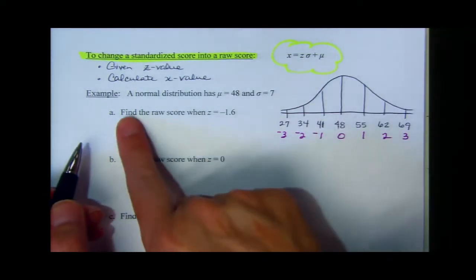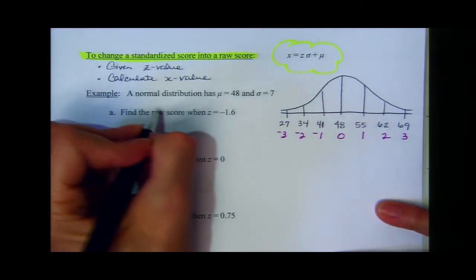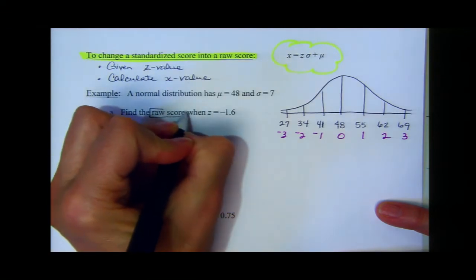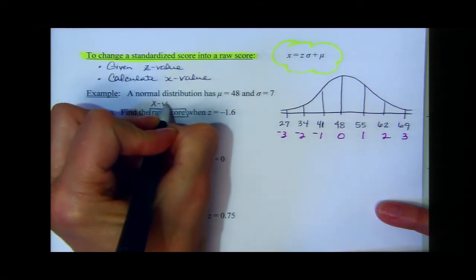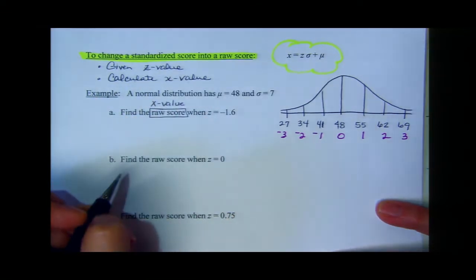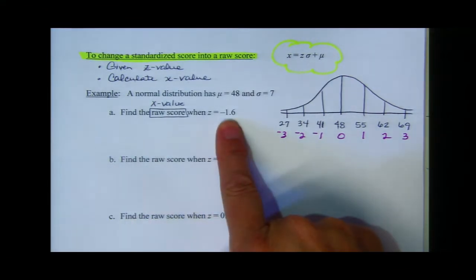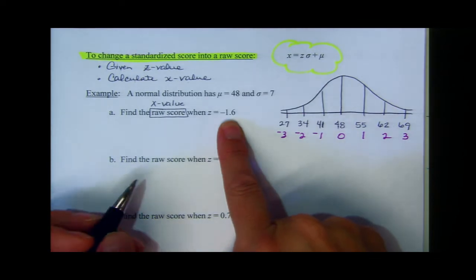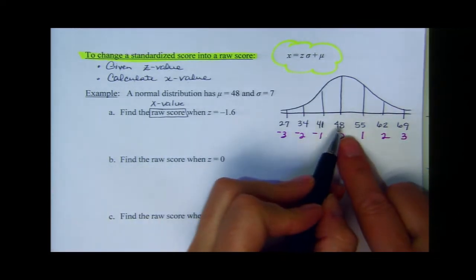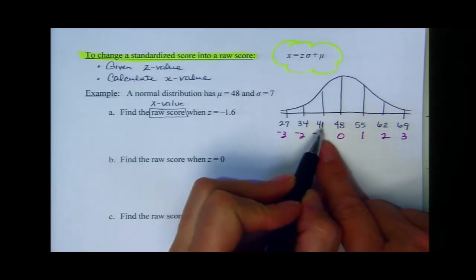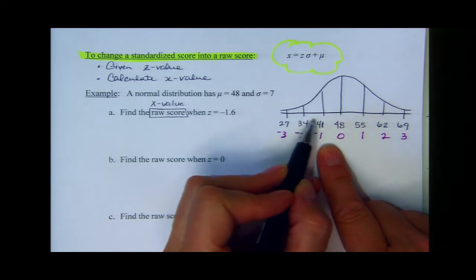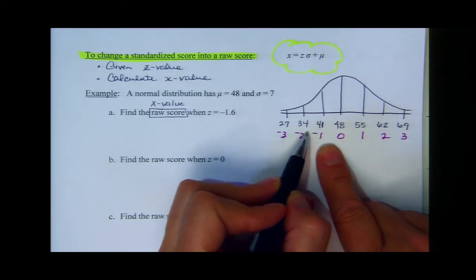All right, find the raw score. When you see this wording right here, you know it's asking you to find the X value. So we know that we are negative 1.6, so we are below average. We are between negative 1 and negative 2, so we should calculate a number between 34 and 41.